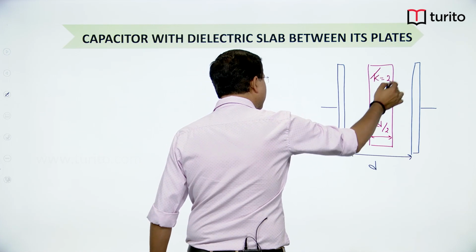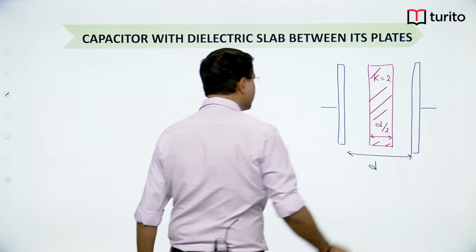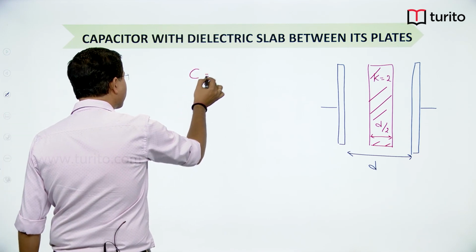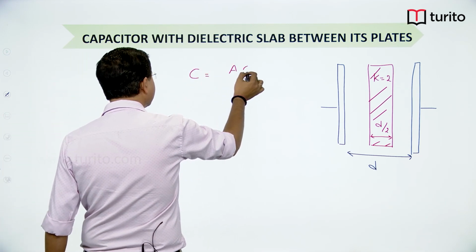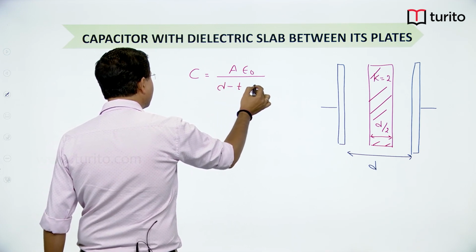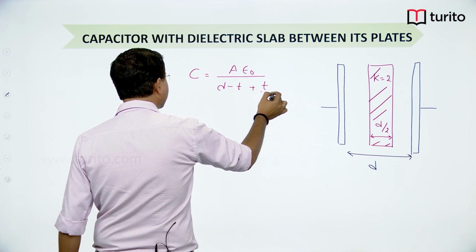What would be the capacitance of the arrangement? Then we have the formula C is equal to A epsilon naught divided by D minus T plus T by K, right?